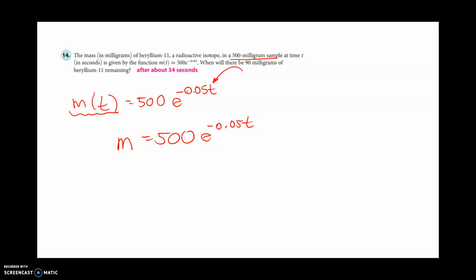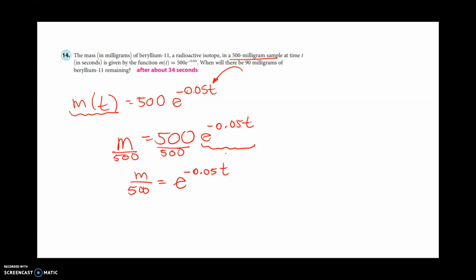Okay. Before I can rewrite anything in a natural log, or if I want to change this into the log form, who knows? Let's see. I'm going to divide by 500. I got to get the exponential all by itself. So m over 500 equals e to the negative. All right.